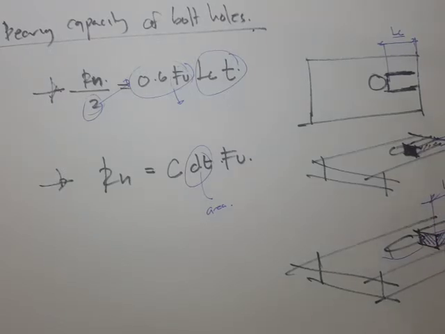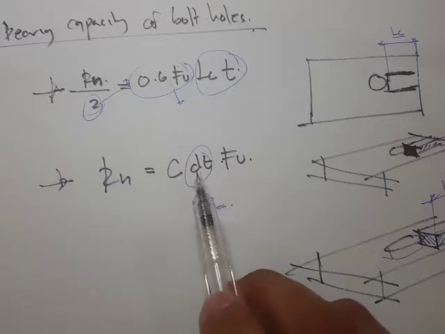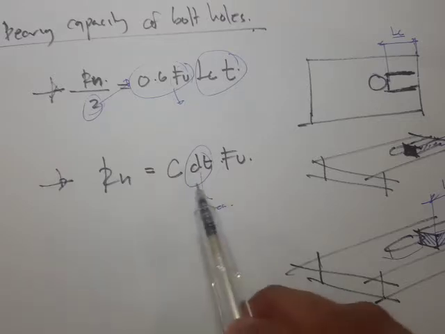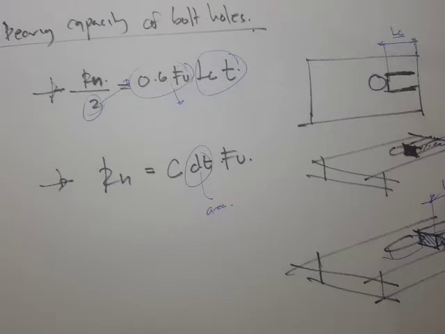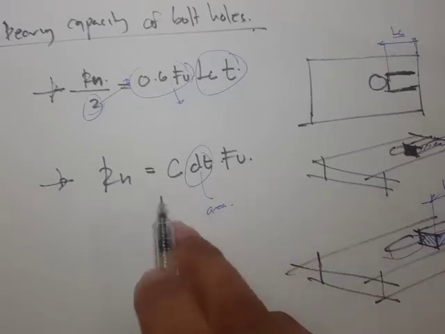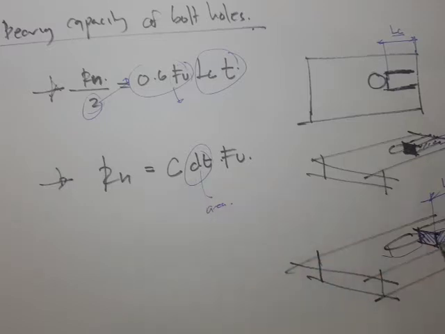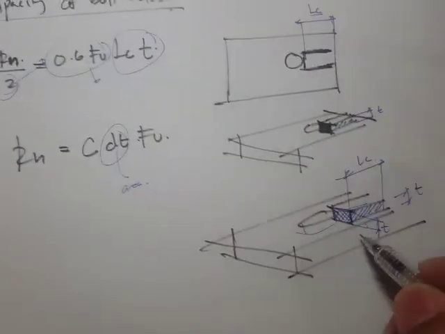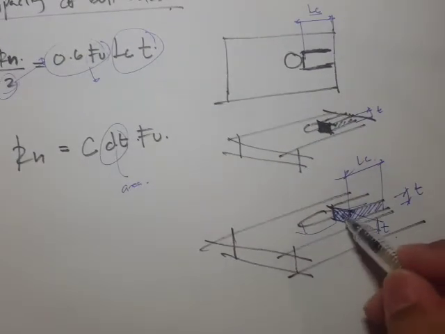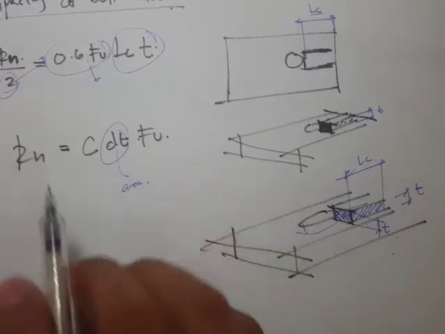So this is D. Let's say the diameter of the bolt, or maybe the bolt hole. I'm not sure yet. I'll check the notes later. And then this one is the thickness. Okay, so this is the projected area. And then we have this constant.